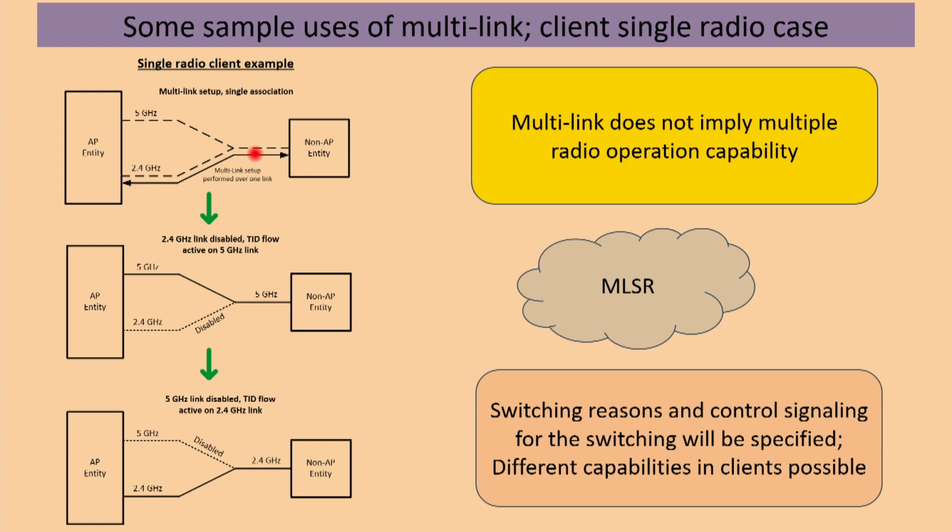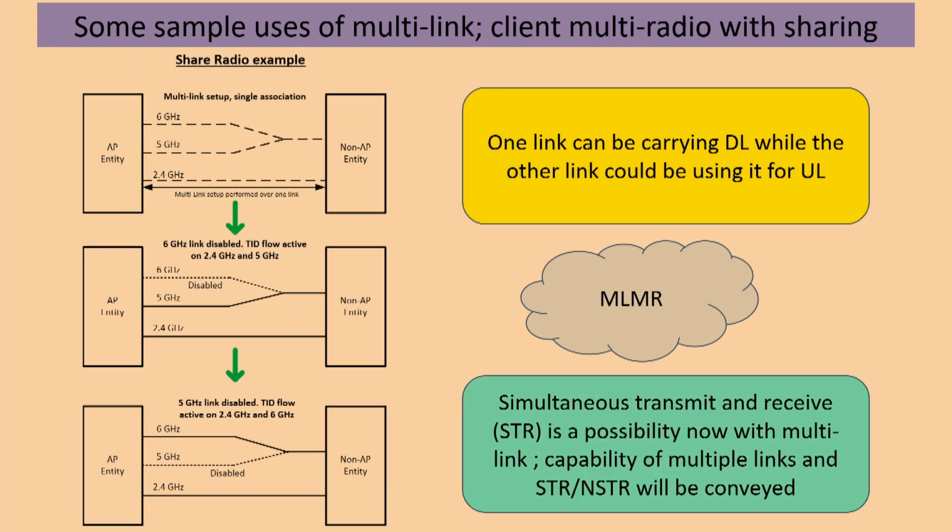So they might just want to be able to switch across links. So that kind of a device is going to be quite popular on the client side, called multi-link single radio. And as I've said here, multi-link does not imply that all the devices will support multiple radios. In fact, the devices which support multiple radios are going to be referred to by another terminology that you will encounter called MLMR, multi-link multi-radio.